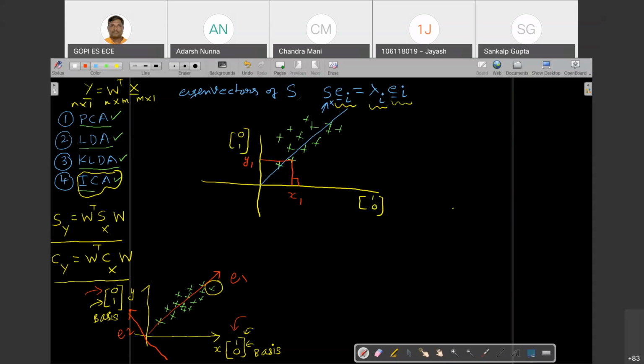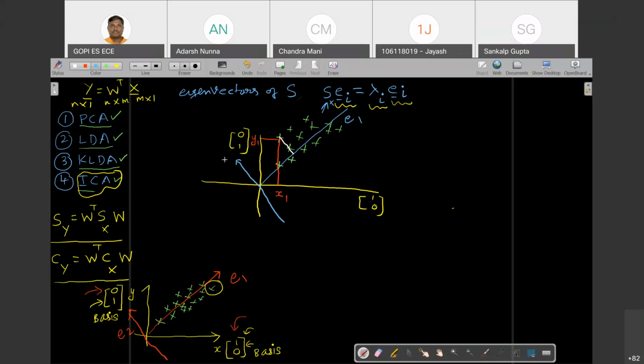For example, let me take this example. This vector we will consider. So this is going to be your x1 here, and if I project here, I get this as y1. So with reference to this standard basis (1, 0) and (0, 1), we are at this coordinate as x1 and y1. But the same data I am now trying to project on the eigenvectors, which are perpendicular to each other.